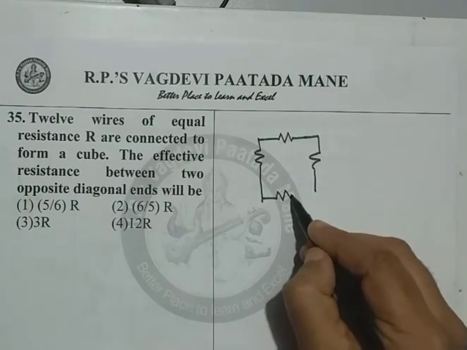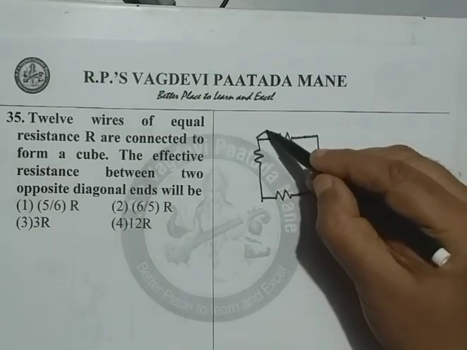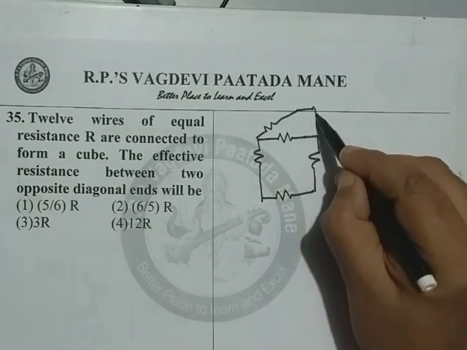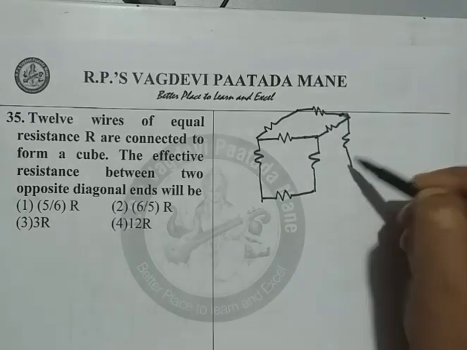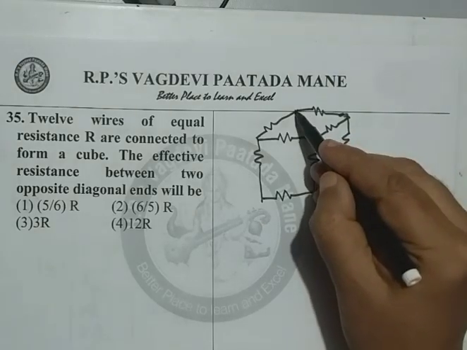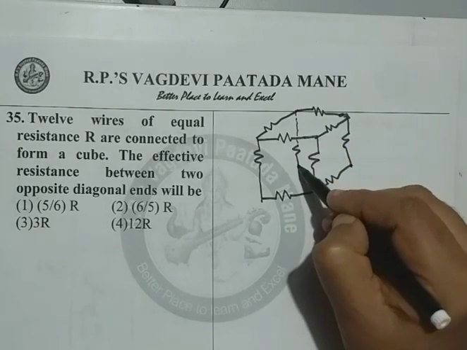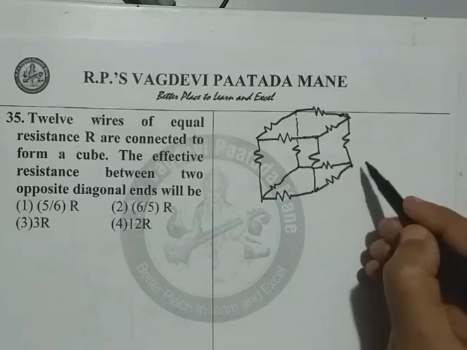It is a cube formed by 12 resistance wires. Say it can be written like this. A cube is written here, a cube is written here, as a side of the cube, and here also a resistance, here also a resistance, and here also a resistance.